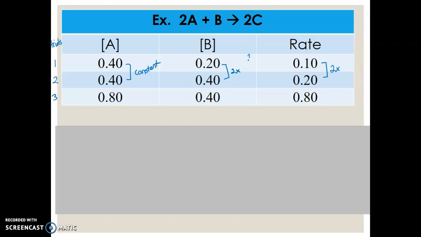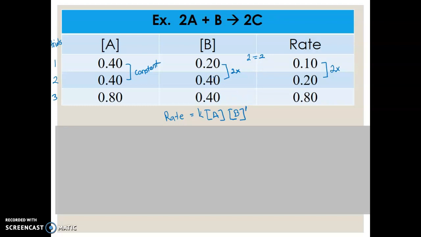So this is where 2 is equal to 2. This is going to be first order for B. So remember that we talked about in our last video that rate is equal to K times the concentration of one reactant times the concentration of the second reactant.